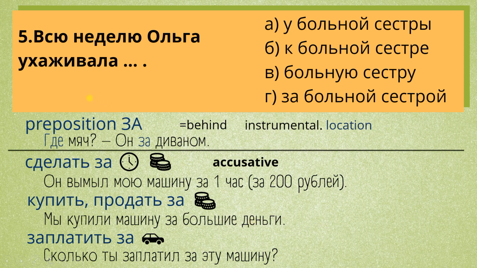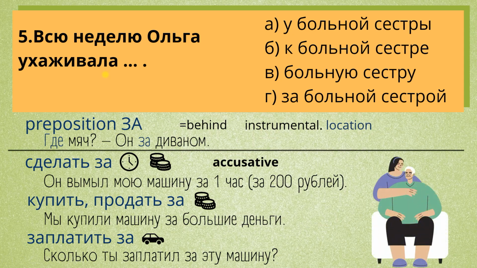And why here it would be this, г. Of course, you already know that it would be за, г form, as I talked about preposition за. Всю неделю Ольга ухаживала, take care, or she cared. Think about this. It's Olga and she.